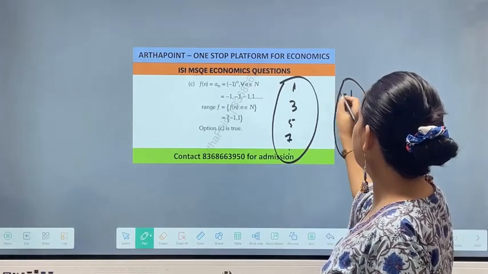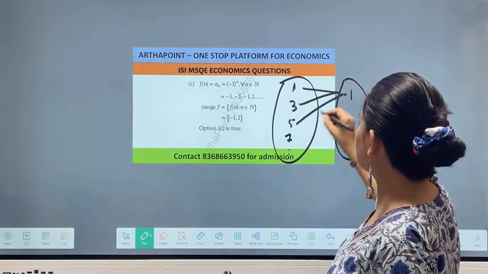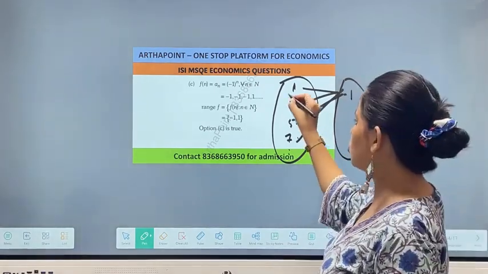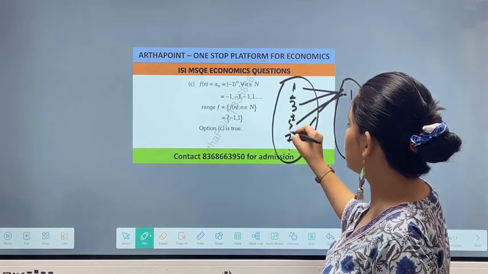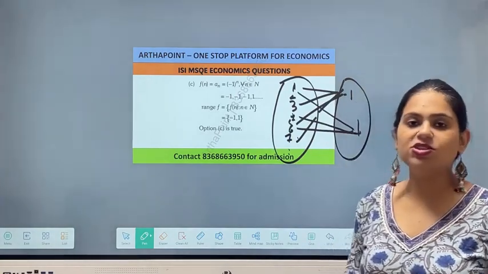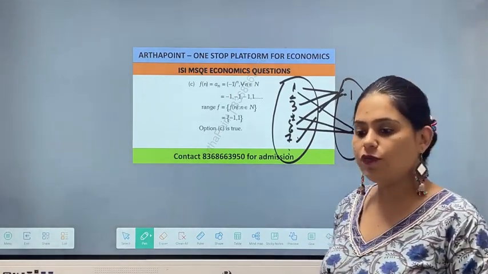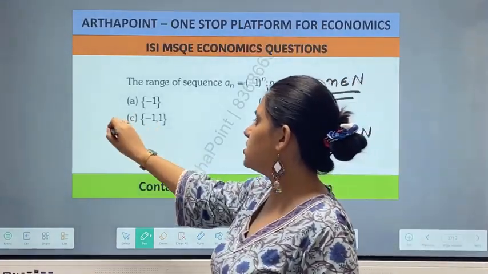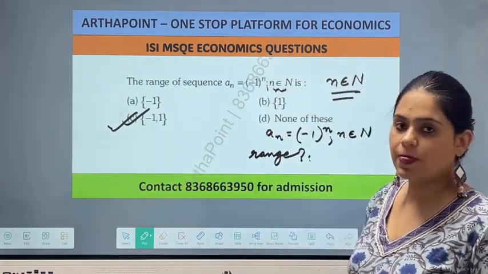So they all link to minus 1. Right? And for any even number that I put, 2, 4, 6, I just get the answer as 1. So the range is only minus 1 and 1. All of you who are saying the answer is C are correct. The answer is in fact C.